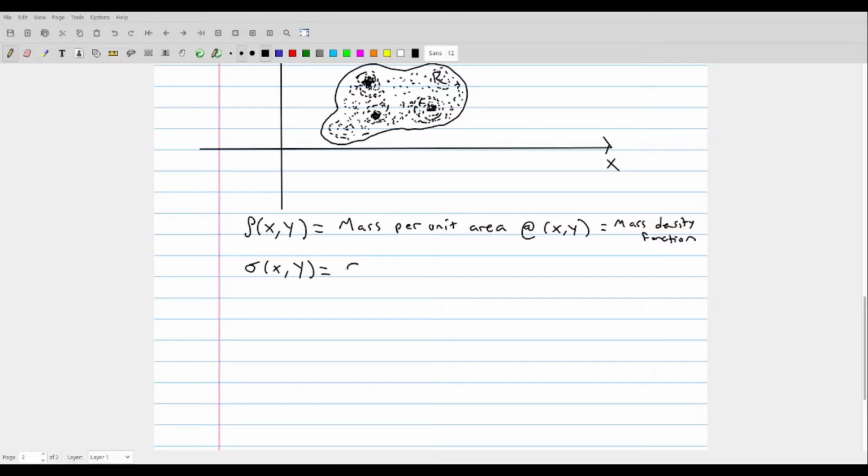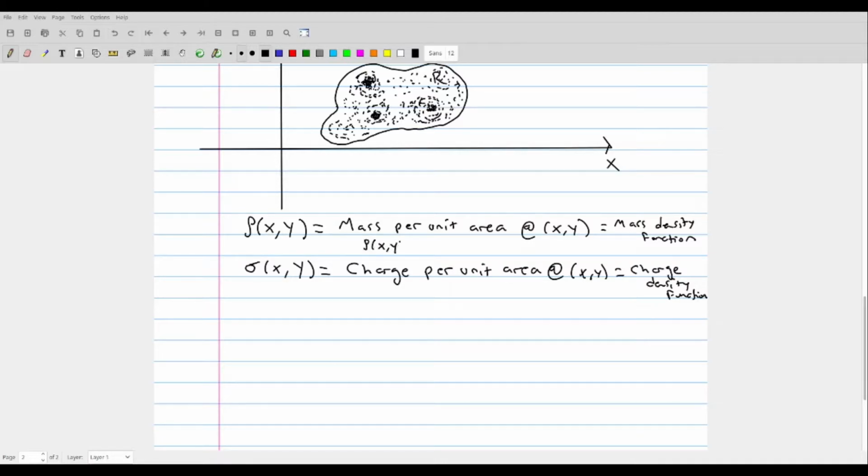This stands for charge, or electric charge per unit area, at the point xy. In general, a mass density function has to be positive or equal to 0 at any point.